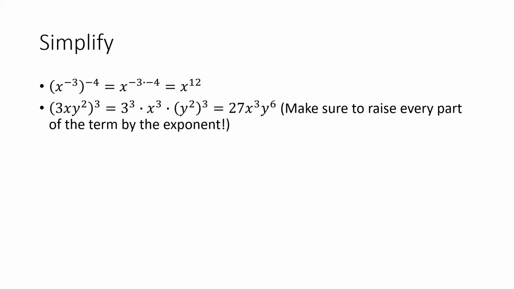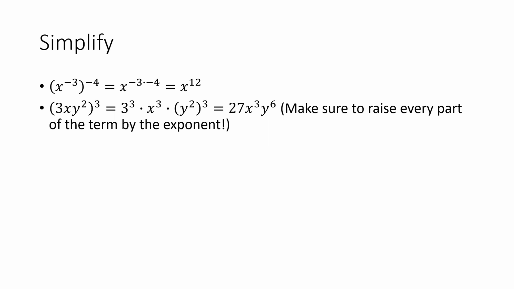So 3 raised to the third power is 3 to the third. You could also say that was 3 to the first power raised to the third power, and 3 times 1 is 3. Same way. Likewise, x becomes x to the third. y squared becomes y squared to the third power.